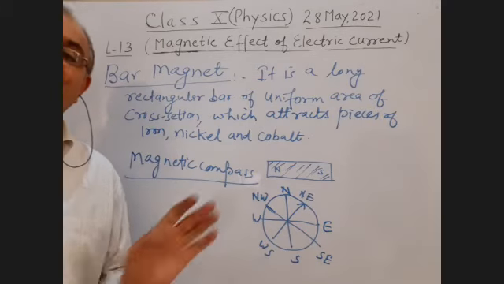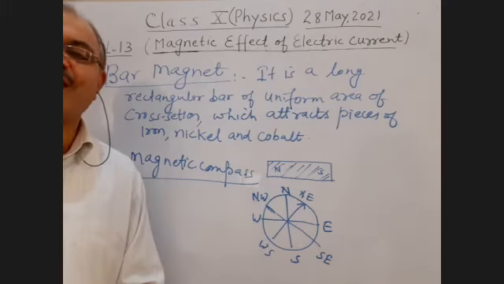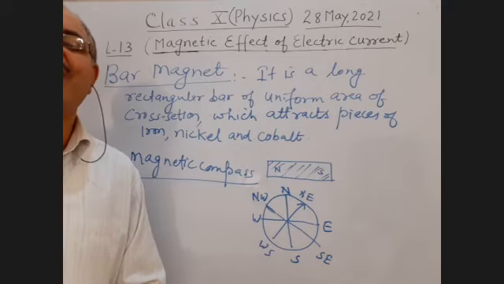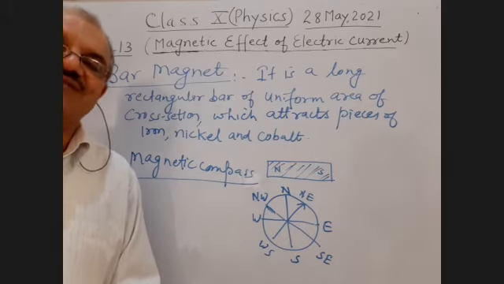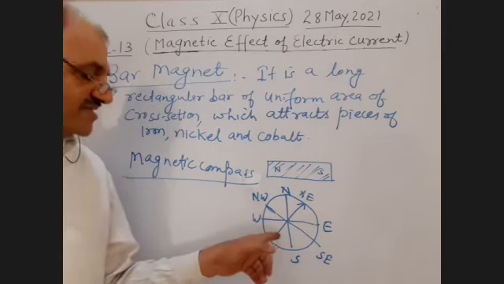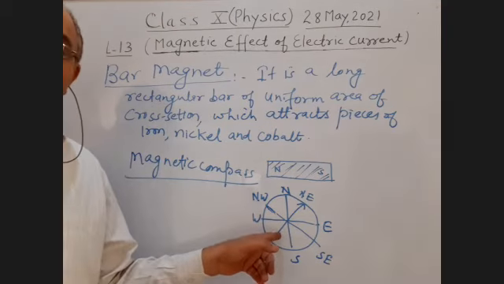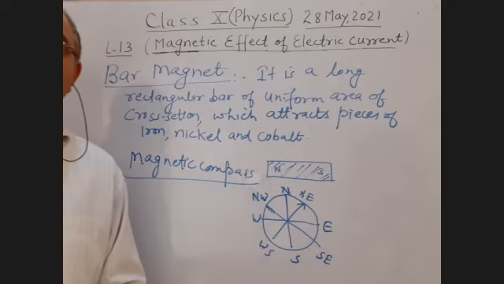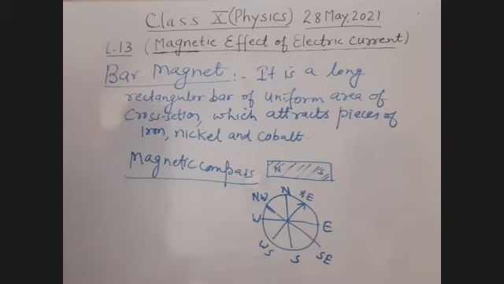But meantime, you must know the magnetic compass. It is used for finding the directions. And whenever any magnetic substance is brought near this, it will show the deflections. Clear, students?